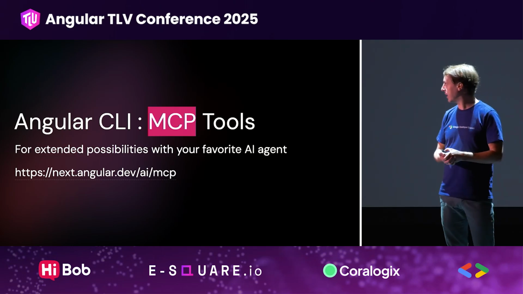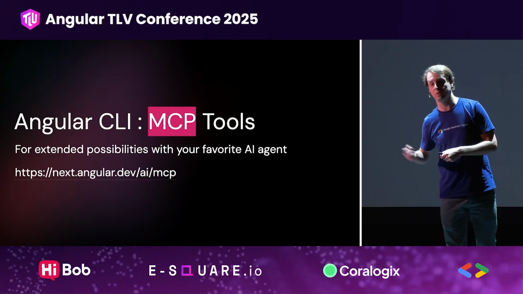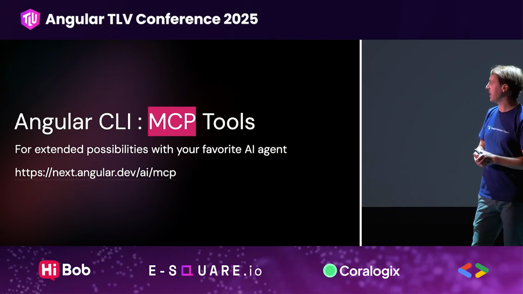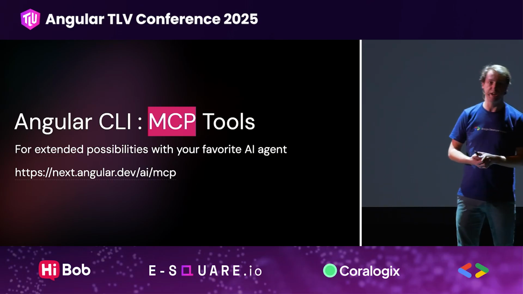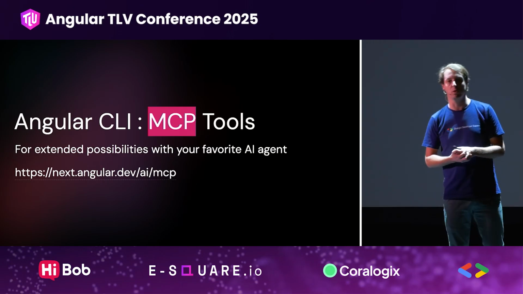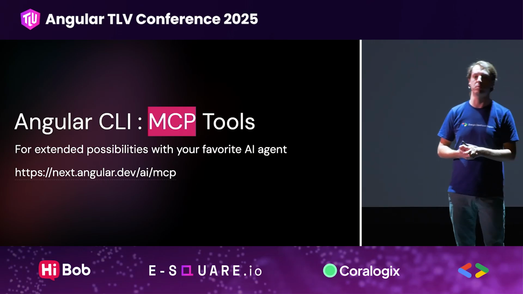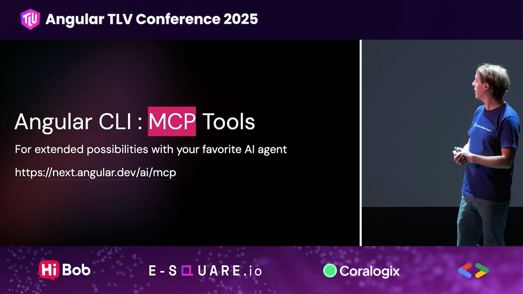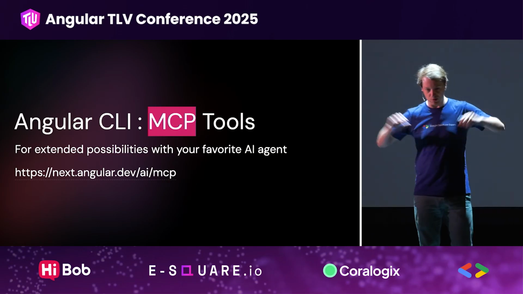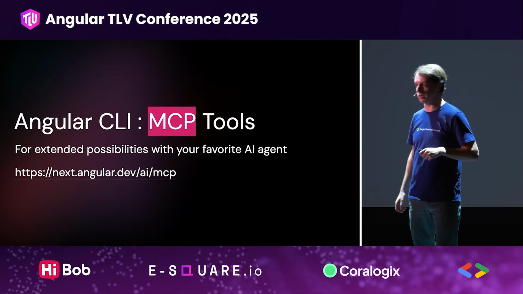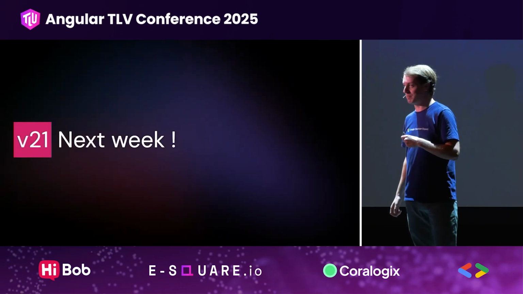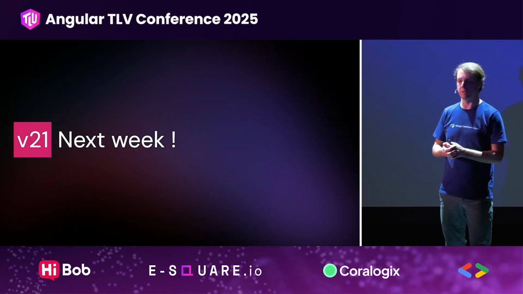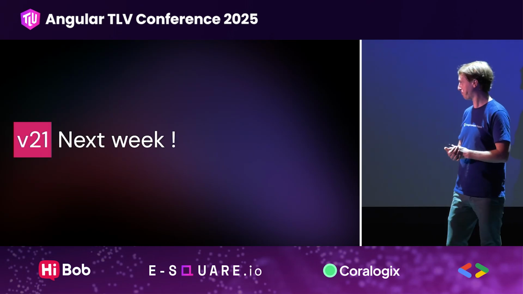If you want some more details, you can already go to next.angular.dev/ai/mcp. You will have the list of all the tools that are provided with the new MCP, and that will help you develop with AI. So this is a short introduction of V21. It's expected to be released next week, very probably on Wednesday.